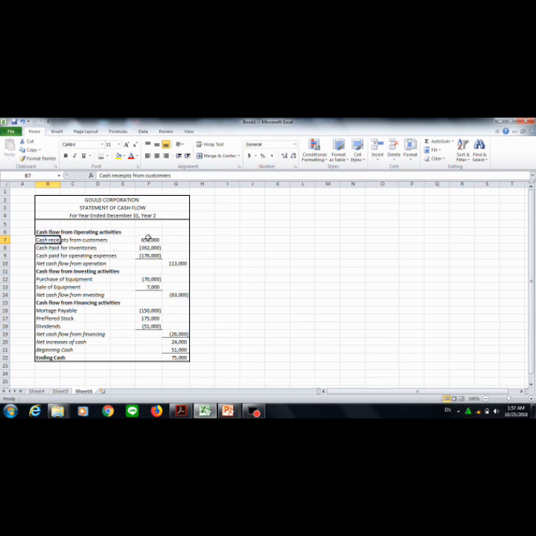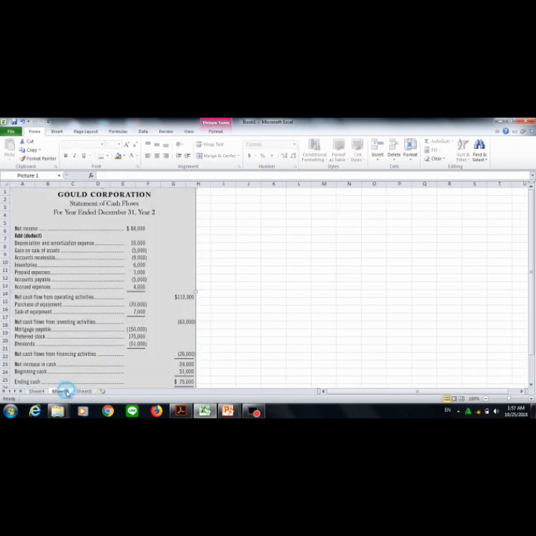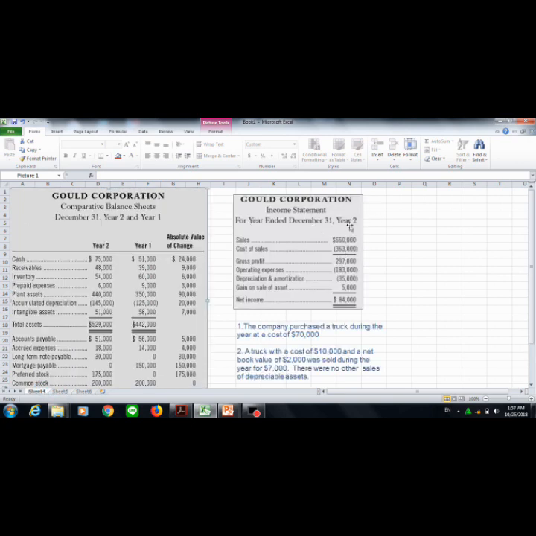Cash receipt from customer is 651,000. This amount we got from sales itself, 660,000 minus account receivable 9,000.